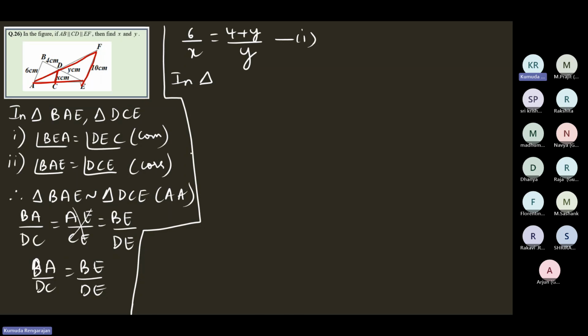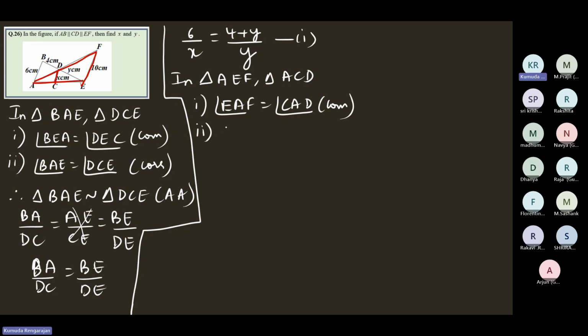So in triangle AEF and triangle ACD, I've written the big triangle first, AEF, and then the small one, ACD. Angle EAF is equal to angle CAD, common angle.